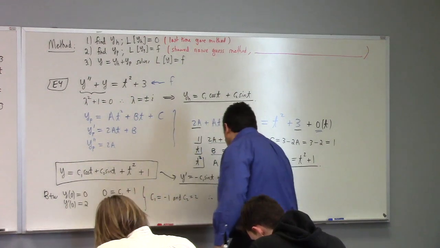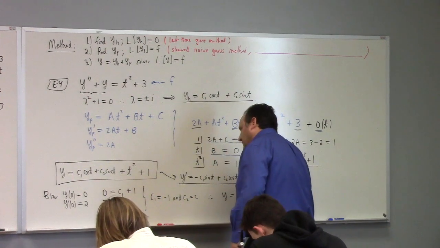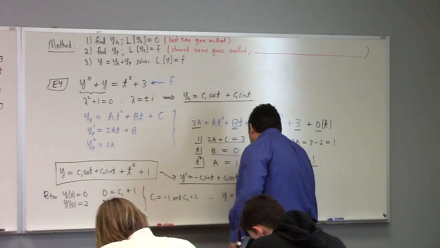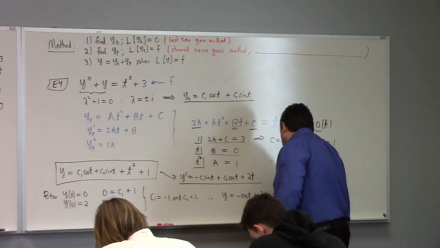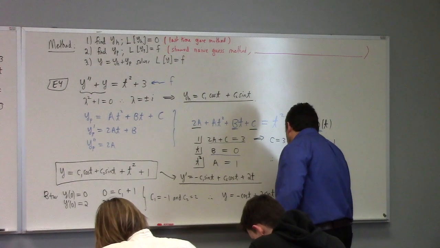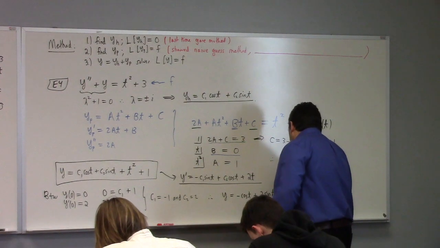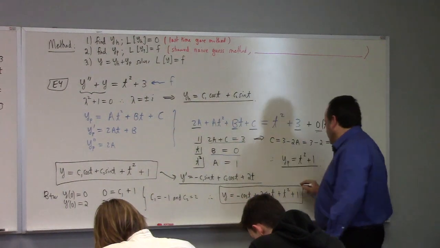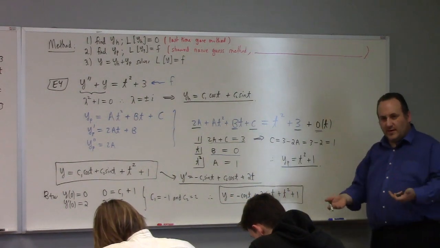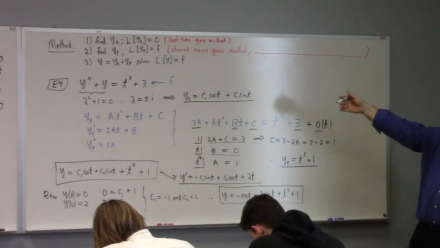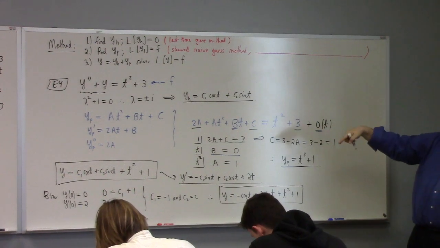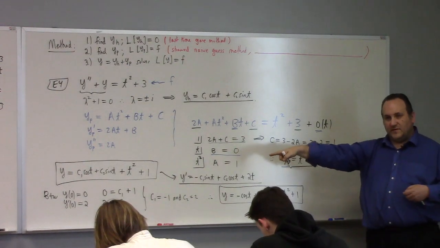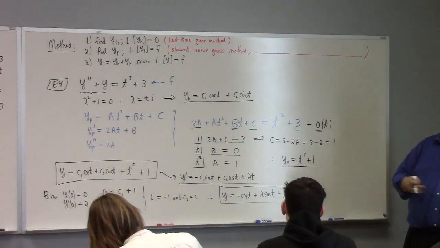So therefore, I get y is equal to minus cosine of t plus 2 sine t plus t squared plus 1. And that would be the solution to the initial value problem, y prime prime plus y equals t squared plus 3, subject to the initial conditions y of 0 is 0, y prime of 0 is 2.